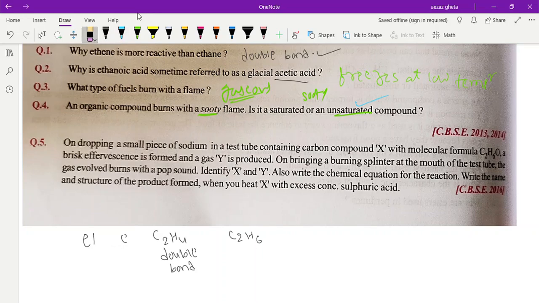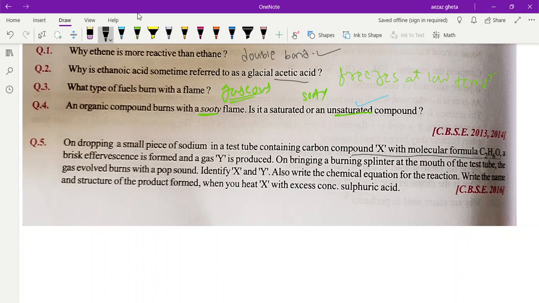Next question. What do they say? On dropping a small piece of sodium in a test tube containing carbon compound X, the molecular formula is C2H6O. See, the molecular formula is given in such a way that you need to think exactly what compound it is.